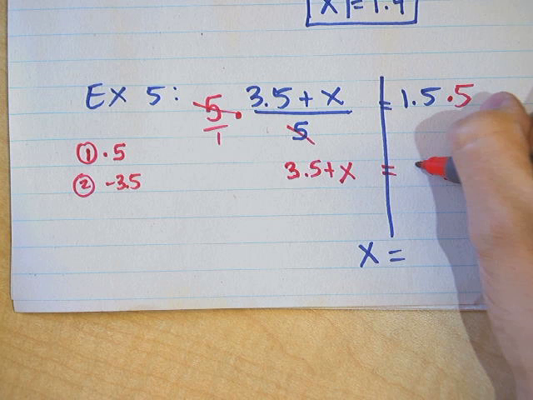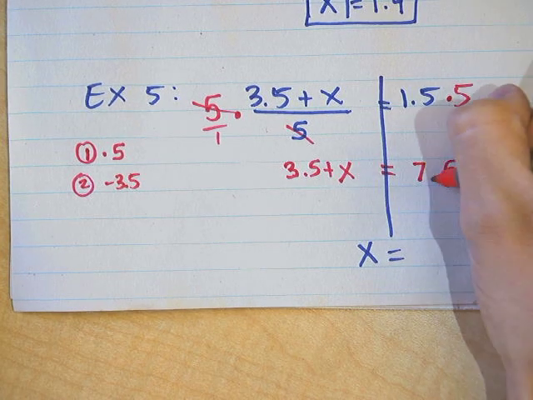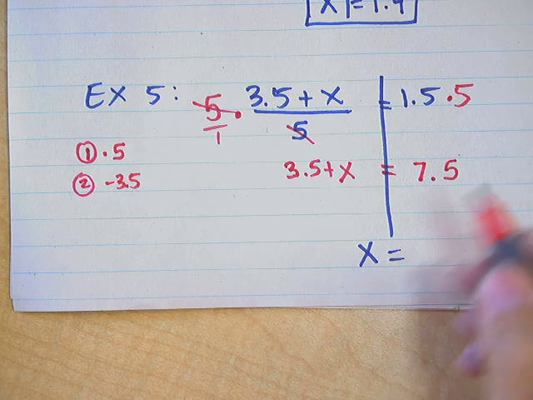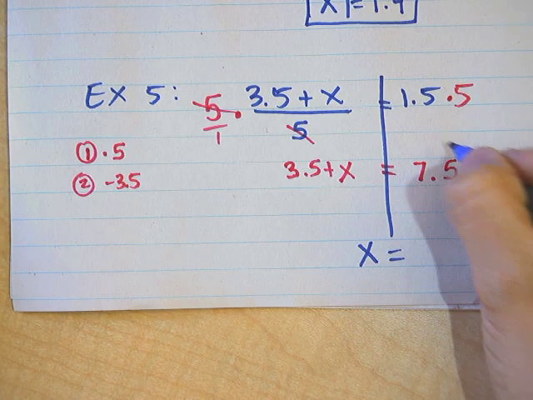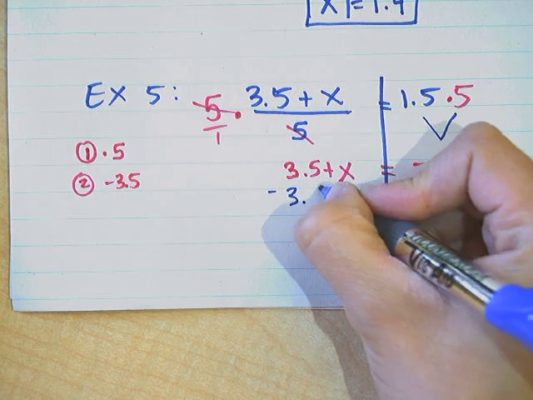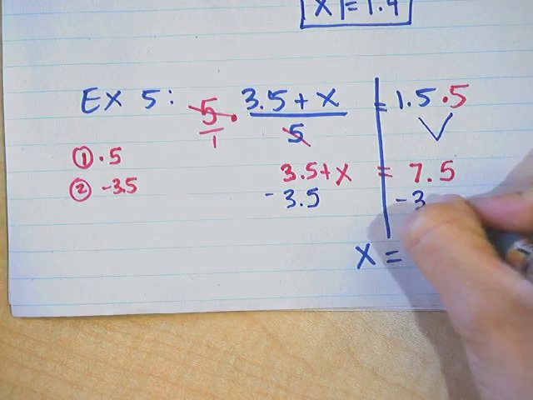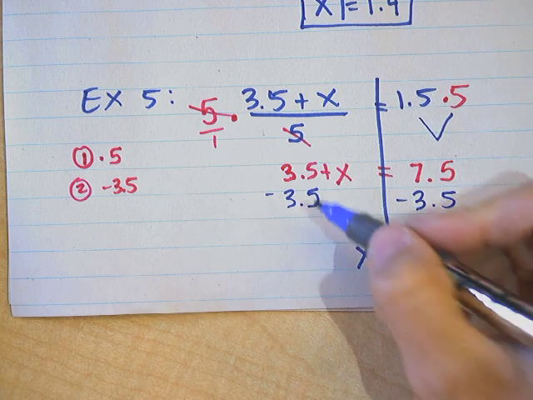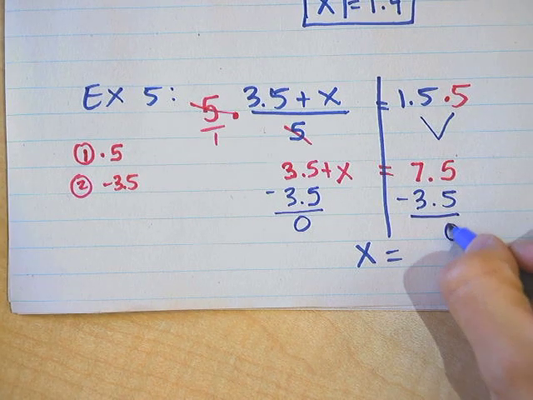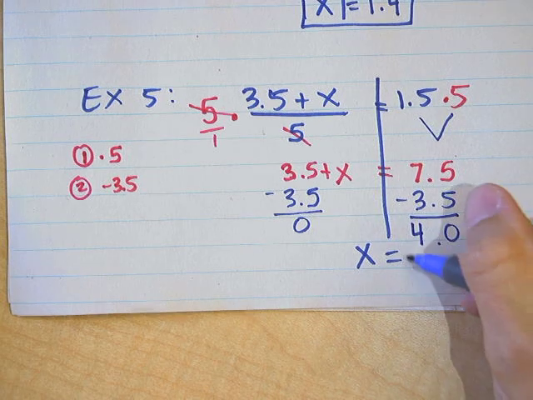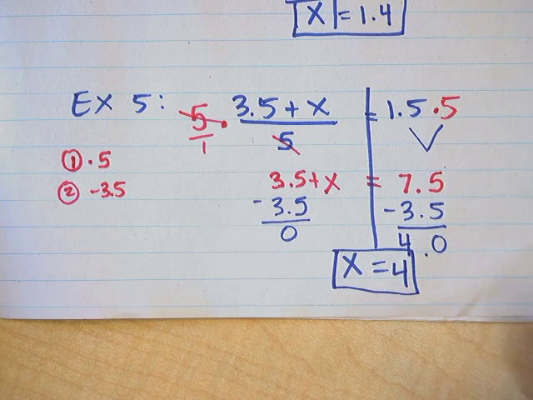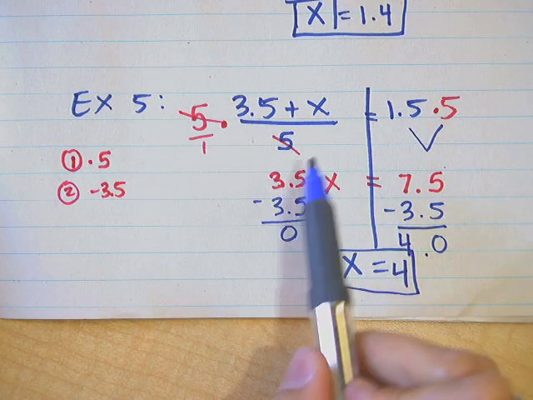Carry the 2, that would be 75. So now I have to get rid of this 3.5. That was multiplied. This becomes 0, or just 4. So x equals 4.